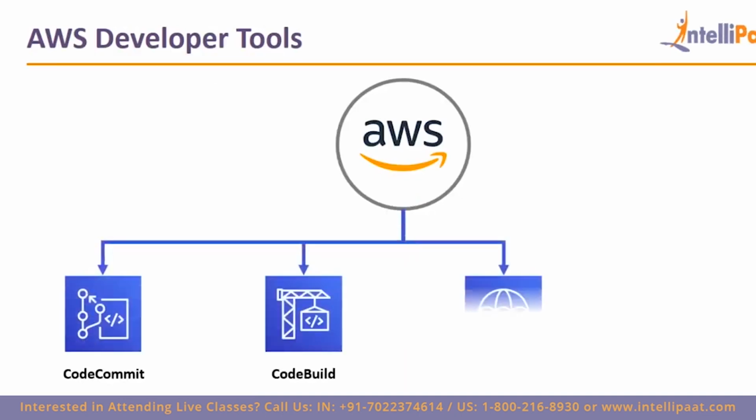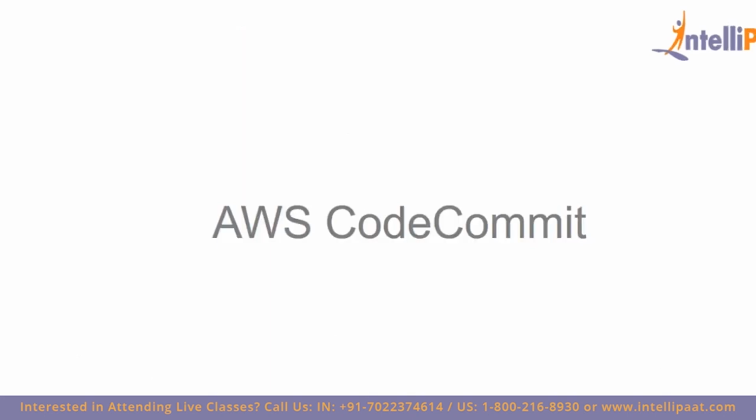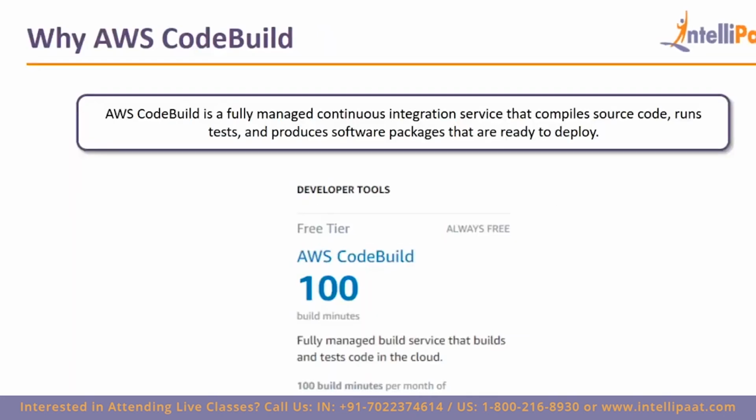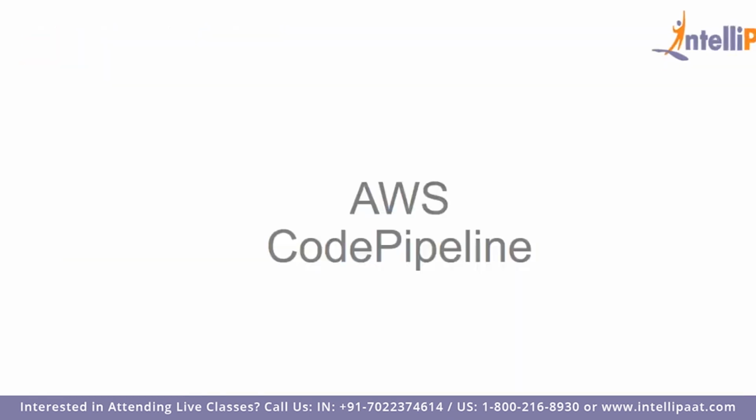And then we saw all of these 4 services: CodeCommit, CodeBuild, CodeDeploy, and CodePipeline. Here we learned how to create a CodeDeploy application and also how to create a CodeDeploy deployment group. Using CodeDeploy, we created a deployment group which targets a particular instance.